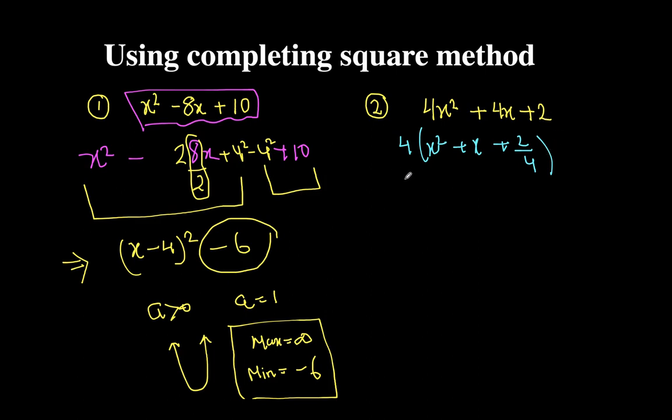Okay, so let's simplify a little bit more: x square plus x plus half. Now inside the bracket I will try to make a complete square. So I will write 4 here, x square plus x plus half.